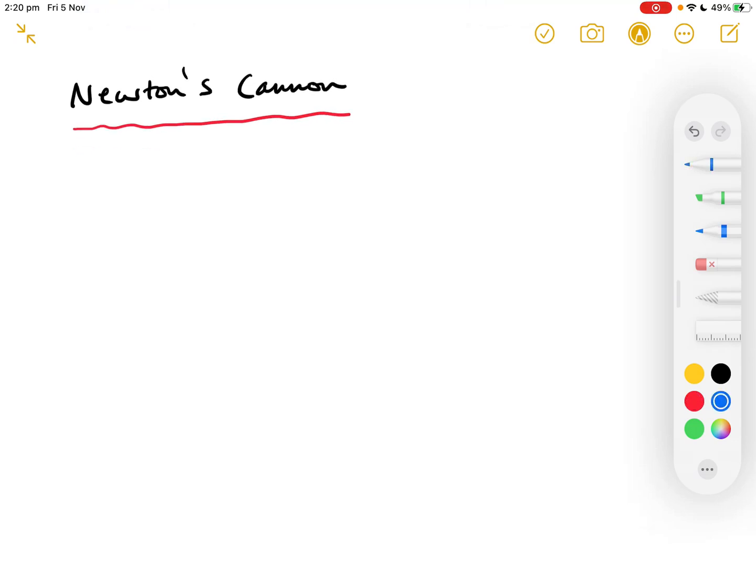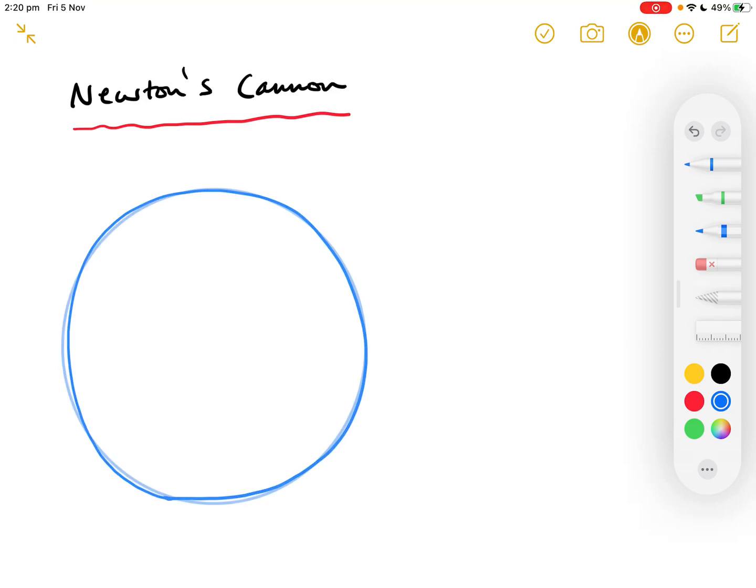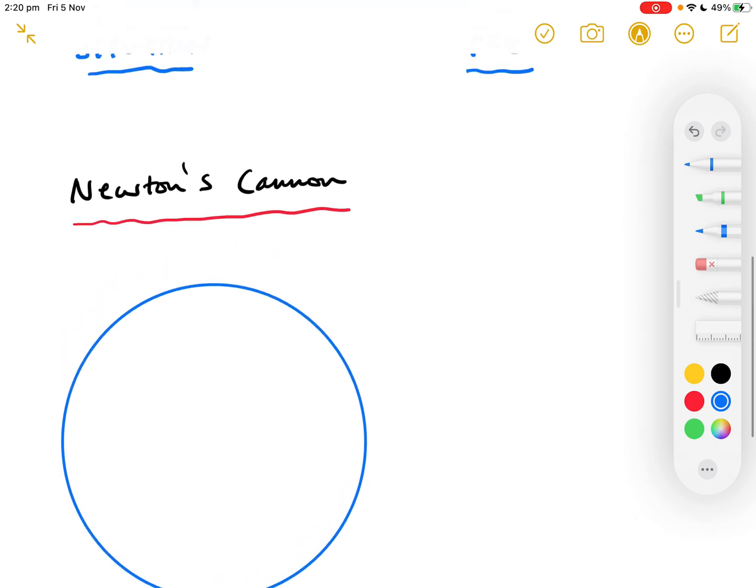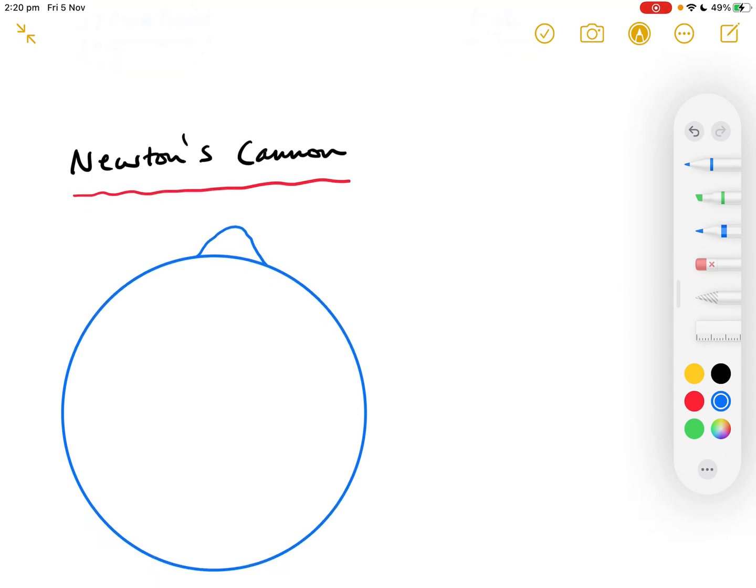So how can that be? Well, here is Newton's thought experiment. So we imagine the Earth, and on the Earth, in his thought experiment, there was a tall mountain, very, very tall, so tall that it was above the atmosphere.